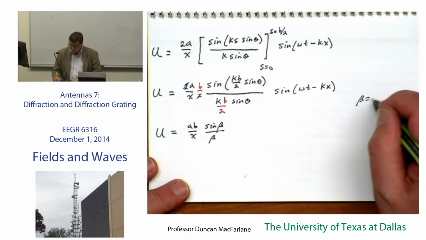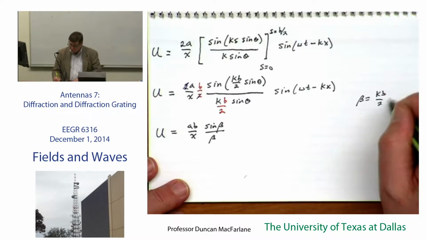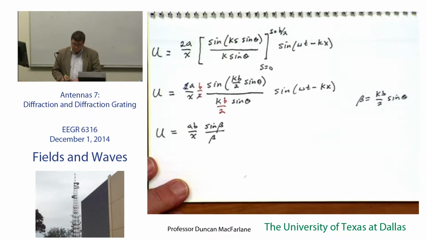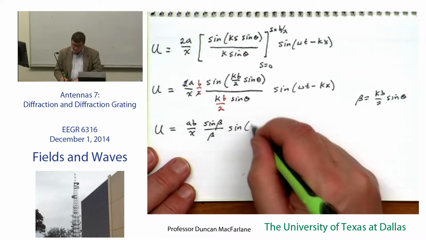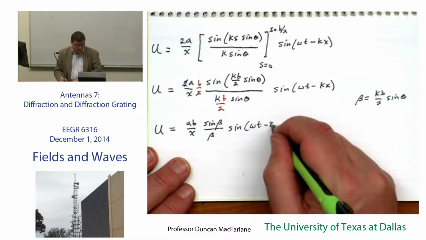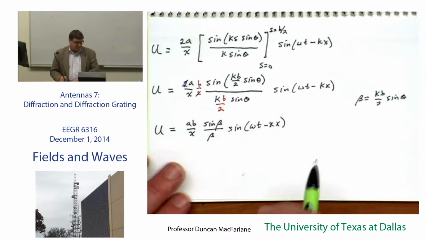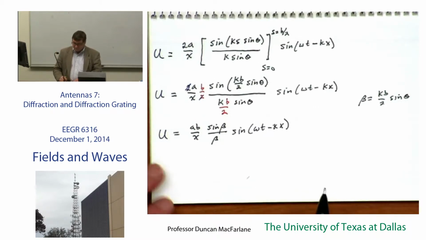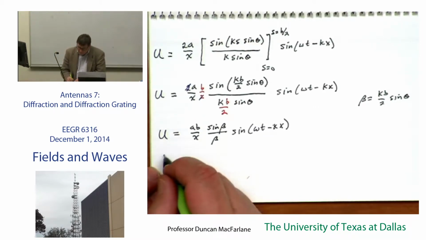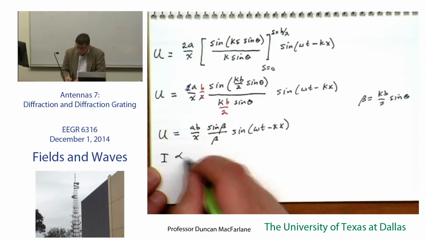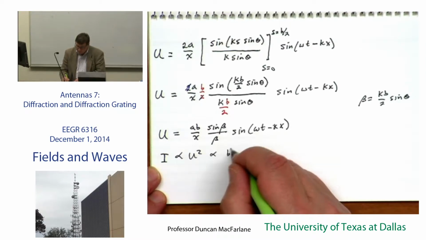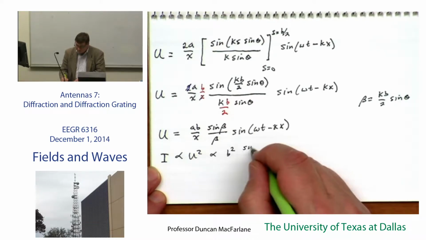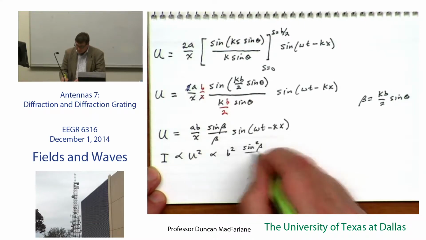So beta is equal to k b over 2 sine theta. And then that's sine of omega t minus k x. And the intensity, this is the field, so the intensity is going to be proportional to u squared, or proportional to b squared, sine squared beta over beta.